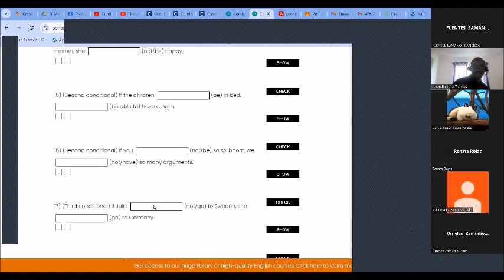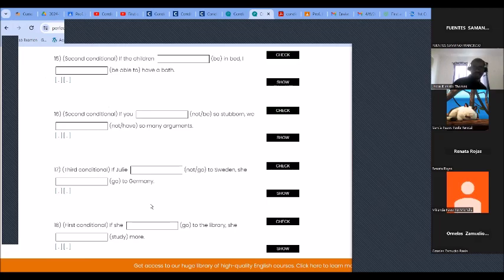Number 15. If the children were in bed, I would be able to have a bath. For past simple plural of be, it's were.